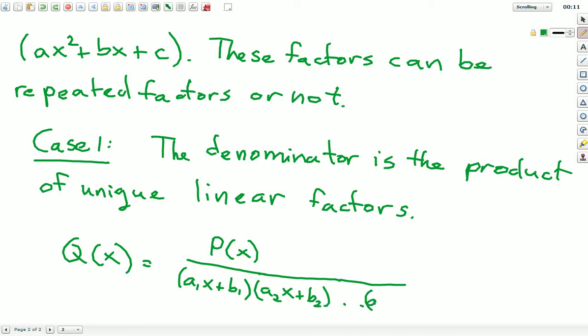Let's say there are n such unique linear factors. Okay, so this is the first case.